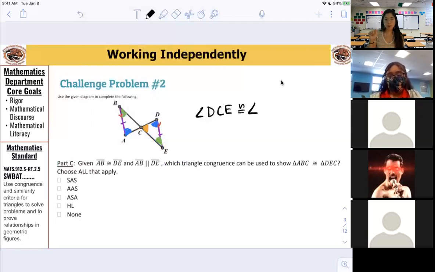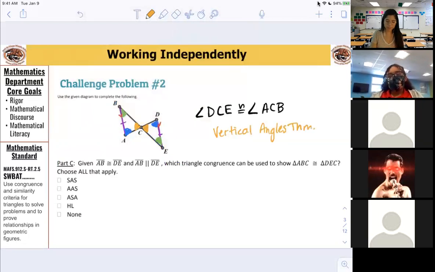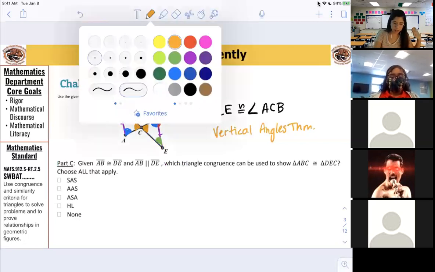Think about the order. ACB, there you go. So in other words, angle C, one side of it is congruent to the other side. And what theorem or property do I use for that? Vertical angle theorem. Okay, now I have all the information I can possibly get.